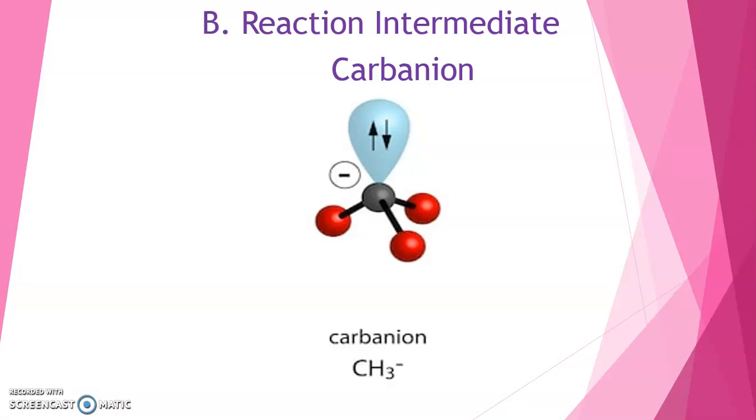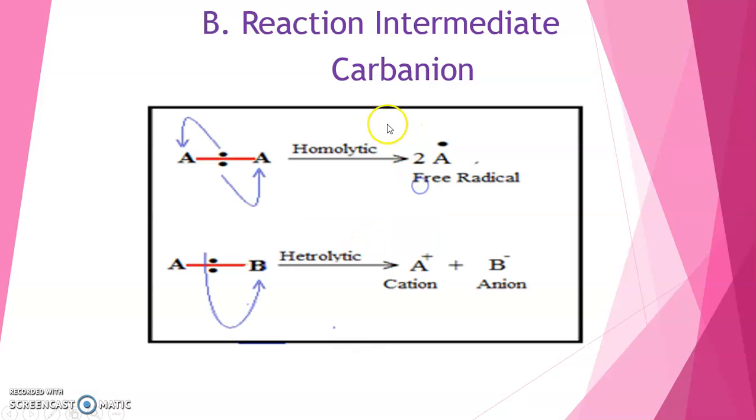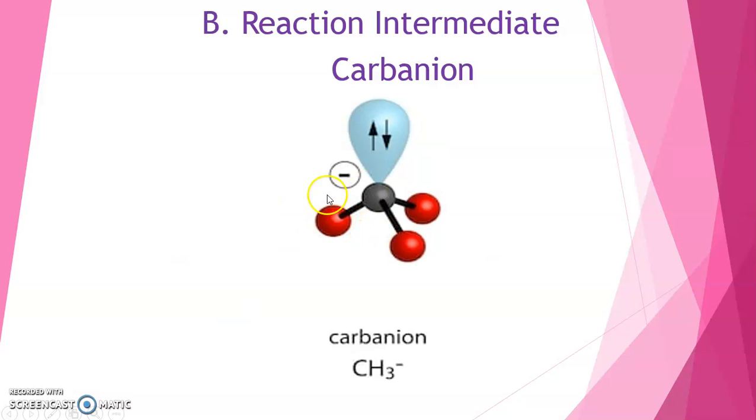In case of carbanion, we can define it as an organic species in which the carbon atom carries a negative charge. It contains 8 electrons in its outermost shell and hence shows sp3 type of hybridization with tetrahedral geometry, bond angle 109 degree 28 minutes.